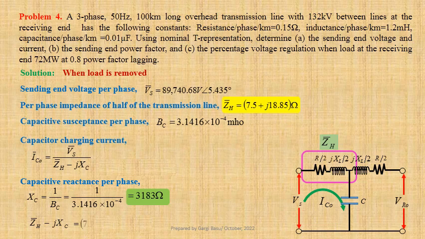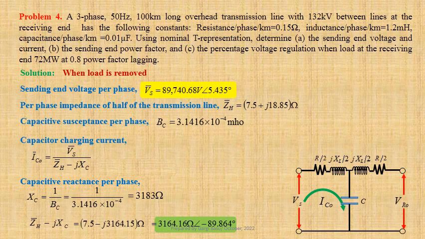Using values we get 7.5 minus J times 3164.15 ohm. This may be written in polar form as 3164.16 ohm at an angle minus 89.864 degree.